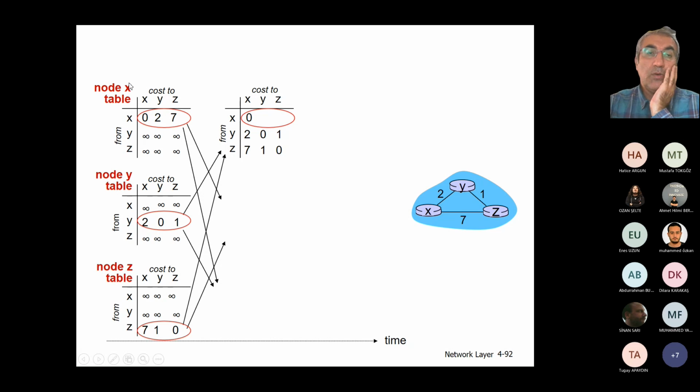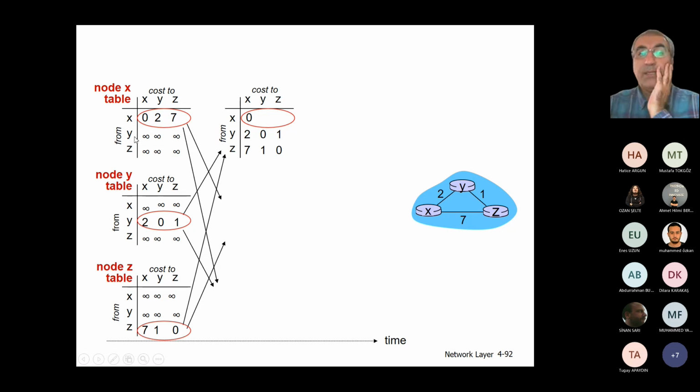Let's look at the node x routing table first. This is from x, y, z to cost x, y, z. So in the x node, from x to x, of course, is 0. From x to y is 2. And from x to z is 7, right?